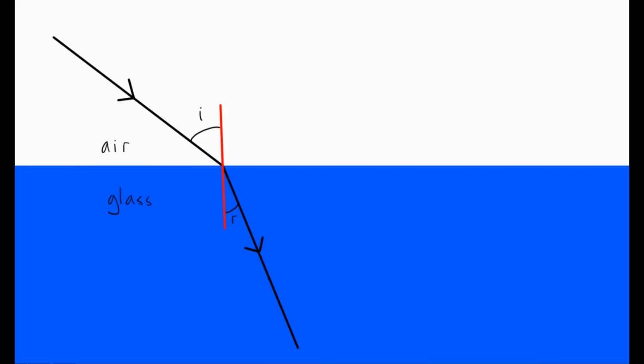Refractive index is very useful because it can tell us about the relationship between these two angles. In this situation, we've got light going from air into glass again. You can see that it's been refracted towards the normal line, and we've got the angle of incidence here, and we've got the angle of refraction. Well, according to Snell's law, we can say that the sine of the angle of incidence divided by the sine of the angle of refraction is equal to the refractive index of the substance.